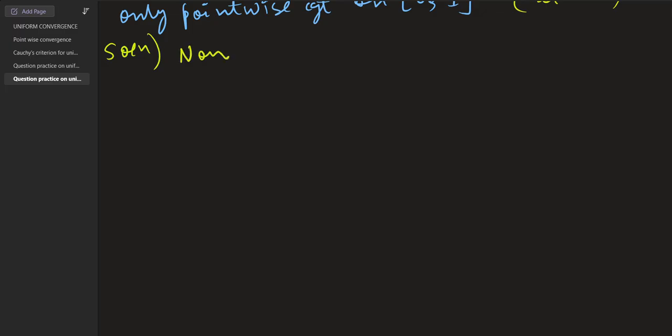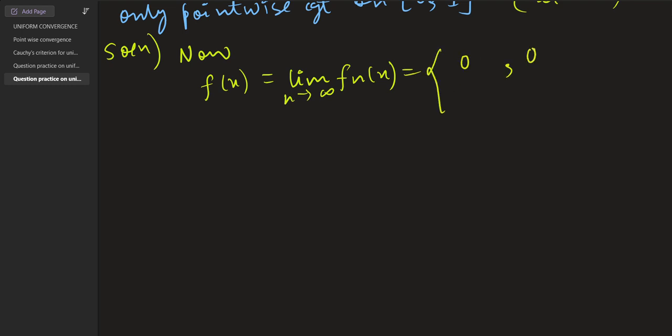Now what is your f of x? According to the pointwise definition, limit n tends to infinity of Fn of x is equal to 0 when x is in 0 to 1. When x is 0 then it is 0 raised to power n, and when x belongs to 0 to 1 then it is 0 point something raised to power n, and in both cases, when limit n tends to infinity, all these values go to 0.